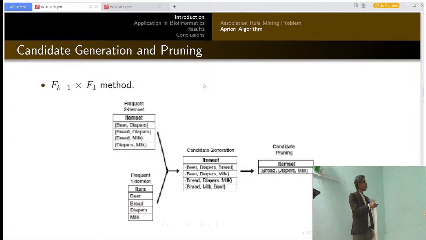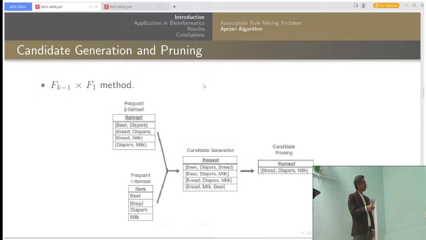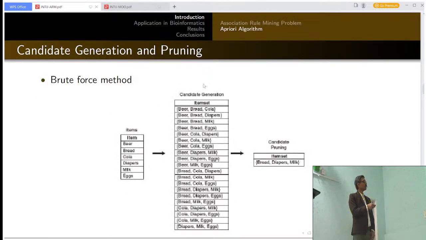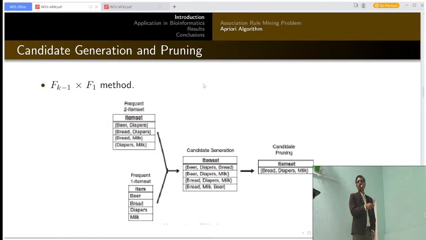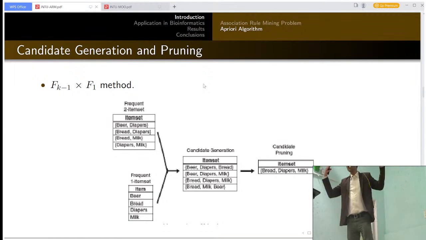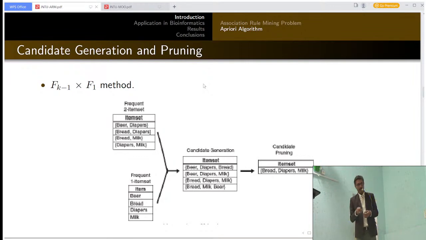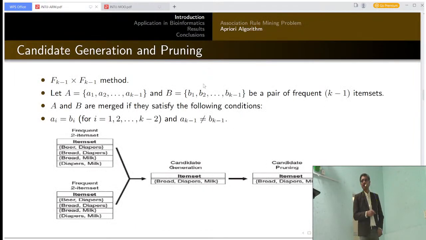So these are the 4 possible itemsets, and only for these 4 we have to compute the support to find out which is the frequent one. Previously we had to compute the frequency of all of them to finally choose this one, but in this case we compute the frequency only for these 4. So the computation is much less than the brute force technique, and it will be much less if we use the F(k minus 1) cross F(k minus 1) technique.